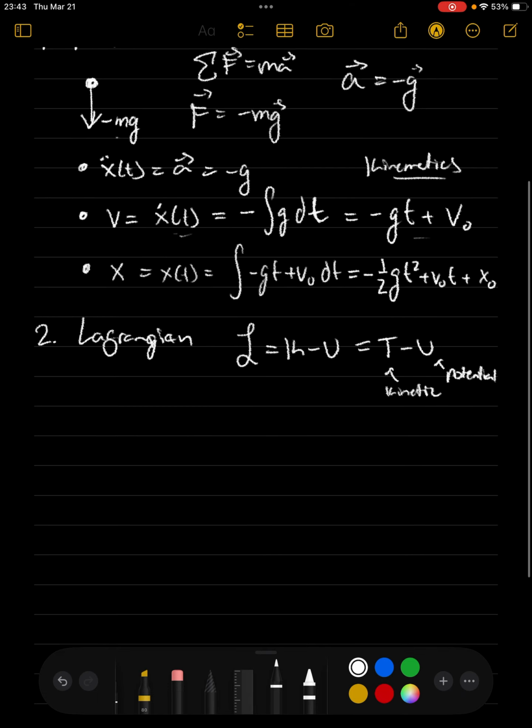And then from here, once you have the Lagrangian, what you do is you plug it into the Euler-Lagrange equation, which, I'll talk a little bit about what this means, but I might try to derive it in a future video.